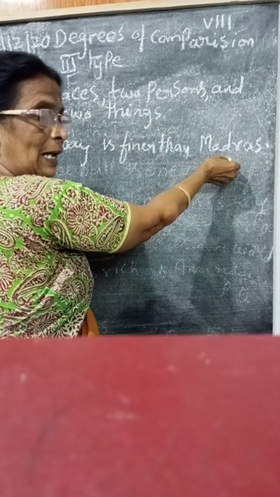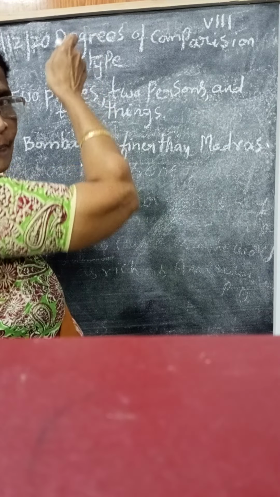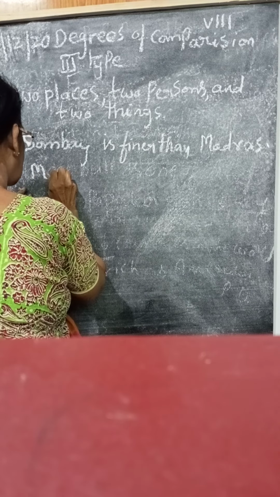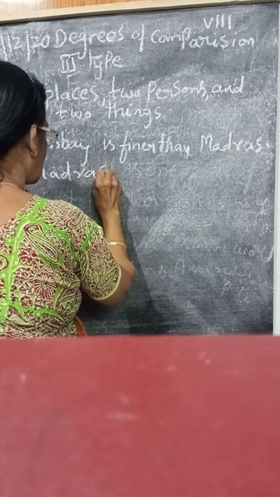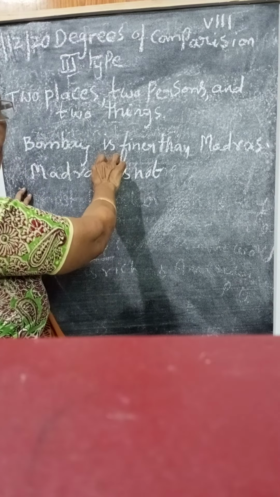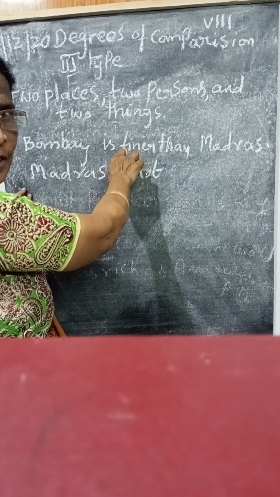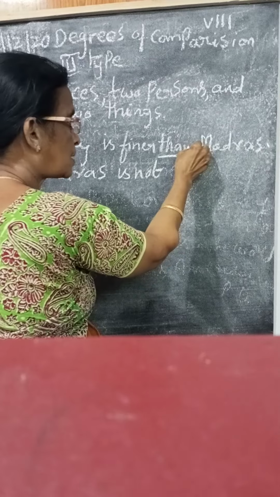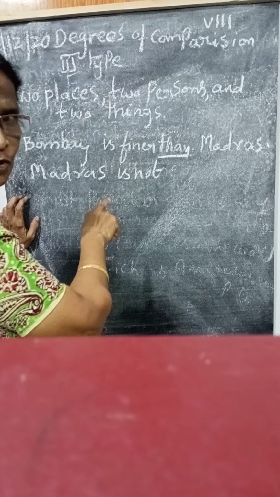Now we will start the answer from here, not like the ordinary type and the special type. Madras is not. Is there a not in the original? No. This is the comparative degree without the negative, so we are going to change this comparative degree into the positive degree.